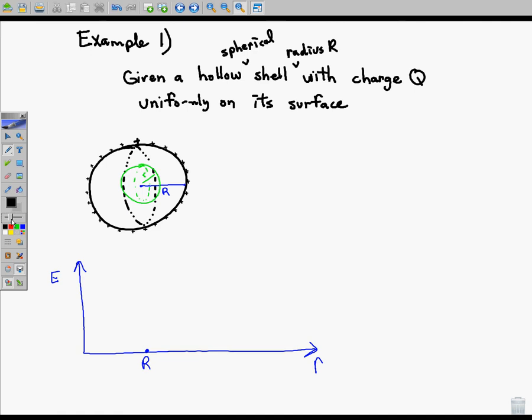Now, Gauss's law says that if we take the integral of E dA over that closed area, it's only going to be equal to the amount of charge on the inside divided by epsilon 0.